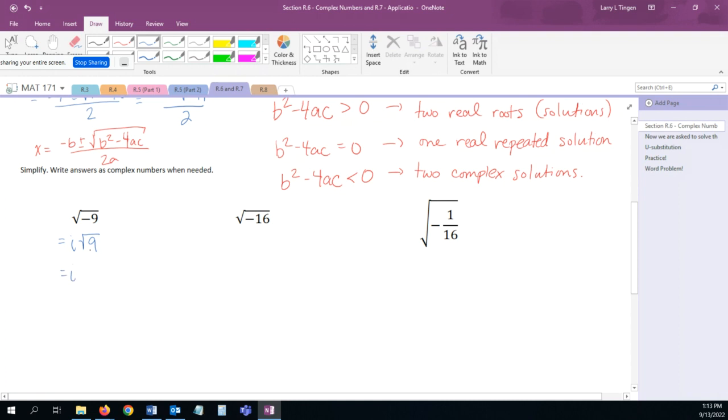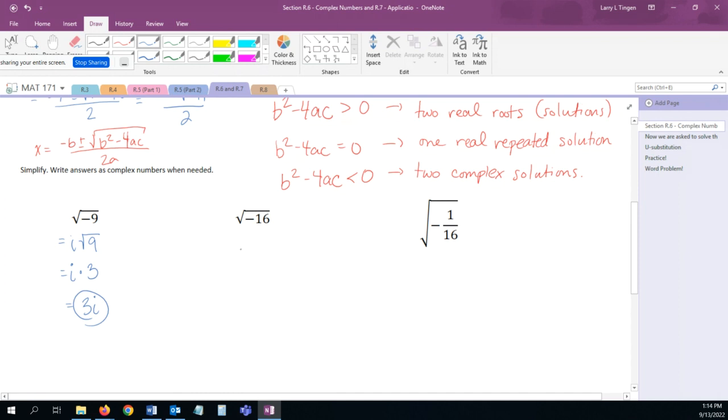Continue working though, because you're not done. The square root of 9 is 3. I don't have to consider positive and negative because I didn't take the square root of two sides of an equation, right? This is just one side. Whenever you write a complex number, unless you've got a root involved, the i typically goes at the end.